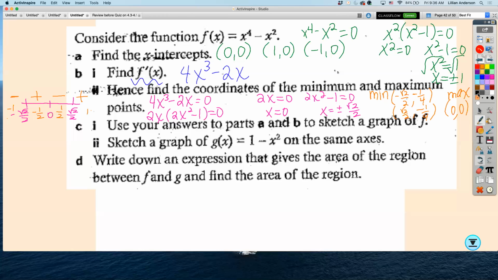This helps me be able to graph in part C. I have x-intercepts at (0, 0), (-1, 0), and (1, 0). I have a maximum at (0, 0), which is also an x-intercept. I have a minimum at (negative root 2 over 2, negative 1/4) and also at (positive root 2 over 2, negative 1/4).